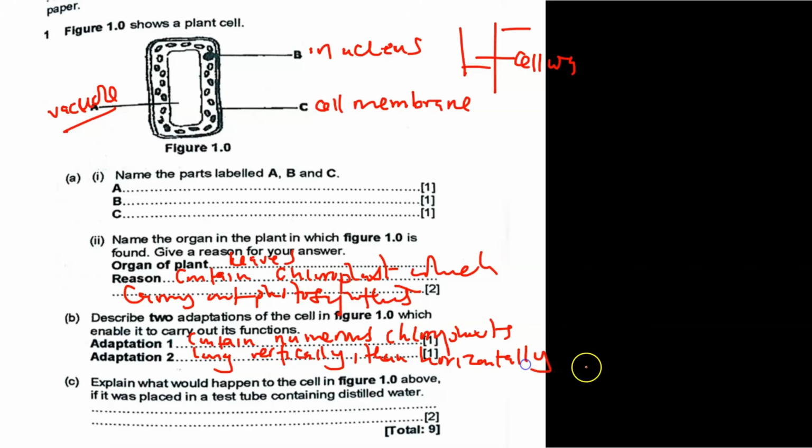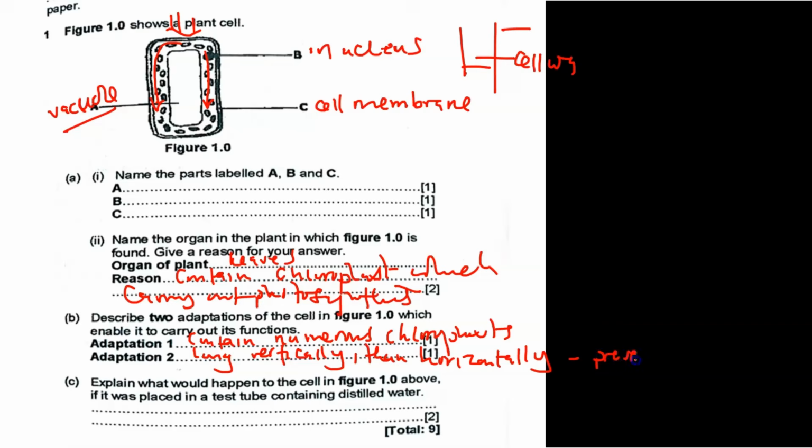Now how is this one related? When there's high light intensity, or a lot of light, the chloroplasts migrate to the bottom part. And of course, when there's minimal light, they move up here. So this prevents the chloroplasts from being damaged.